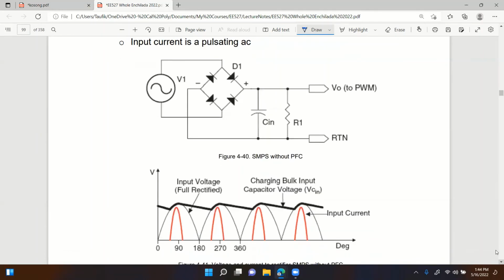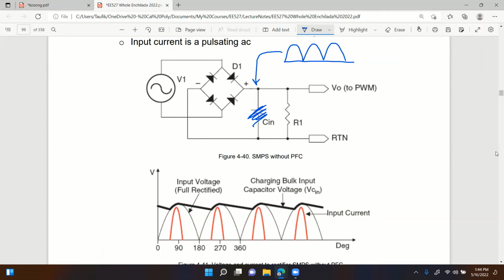And then there is a problem, because we talked about this in EE410. The output of this rectifier, if it's not filtered, will be something like this. So this is what you'll be seeing at this node if there is no capacitor. That's a bad DC.